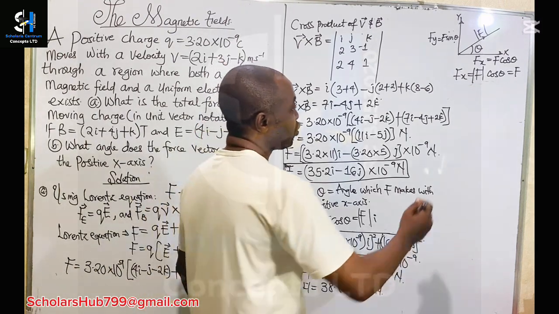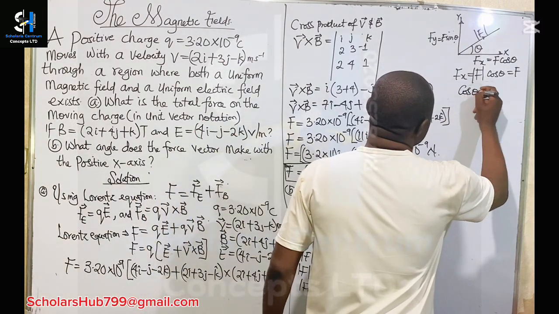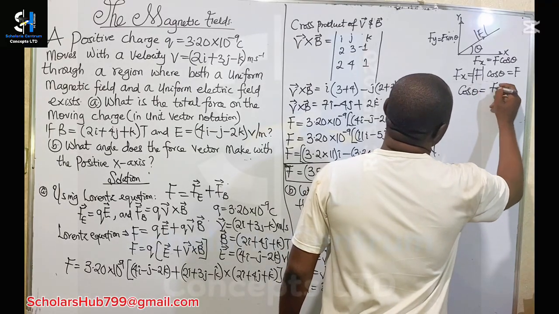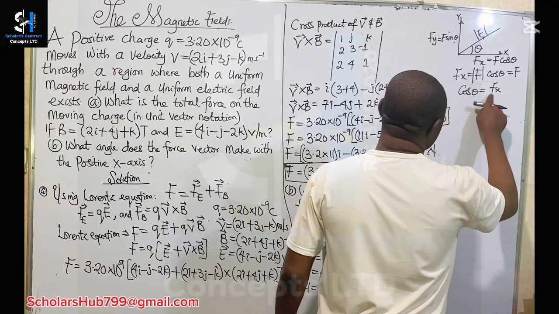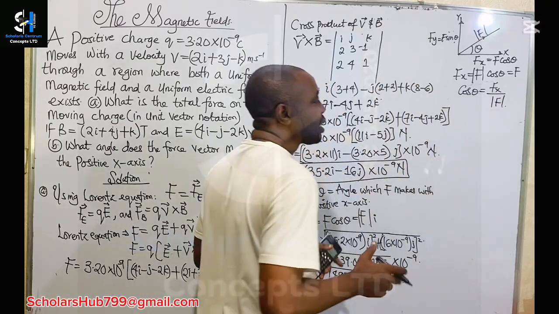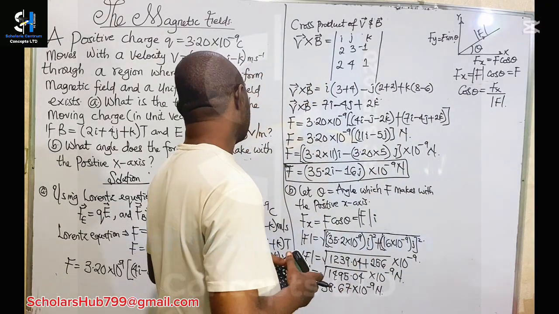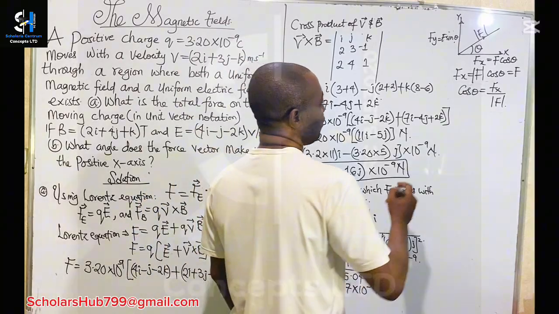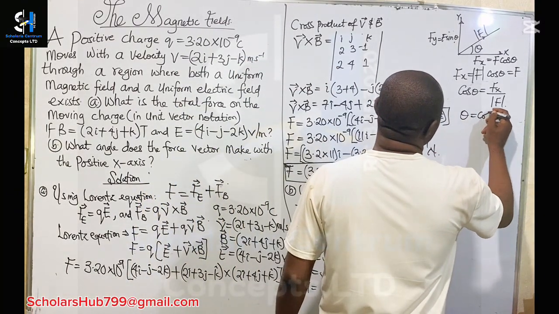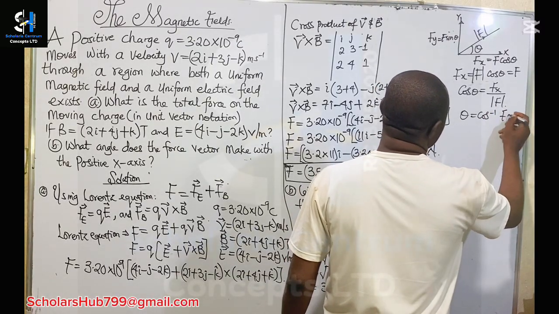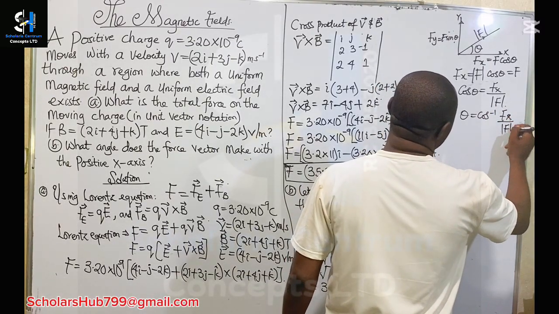So cos theta is equal to f along the x-axis divided by the magnitude of the force vector, so theta will be the inverse cos of f of x over the magnitude of f.